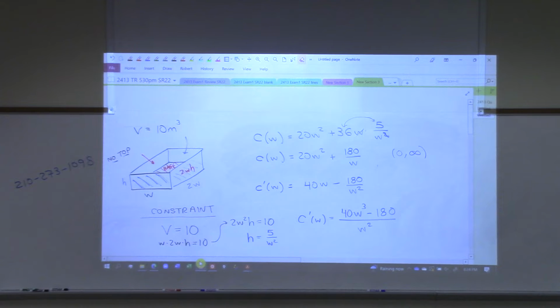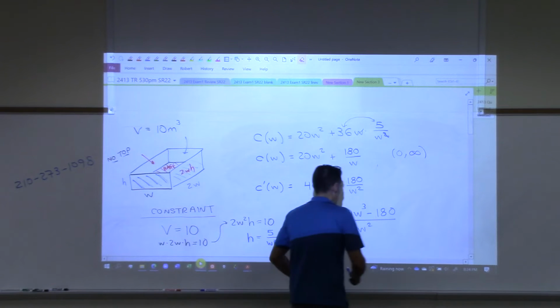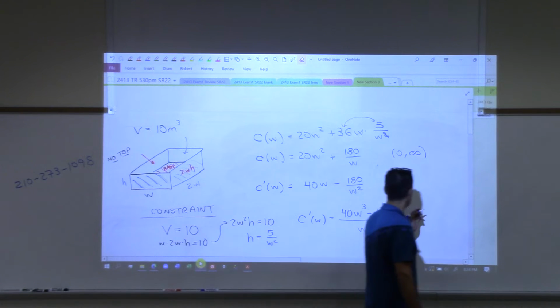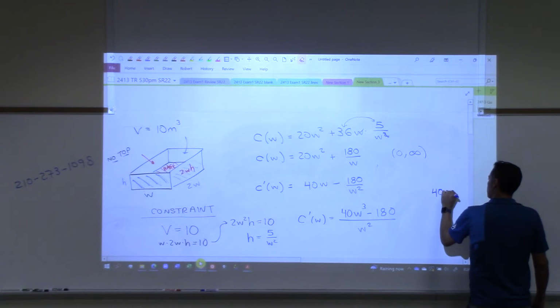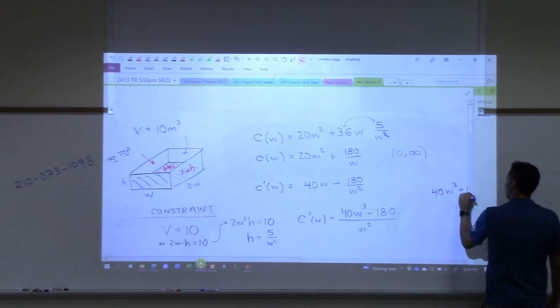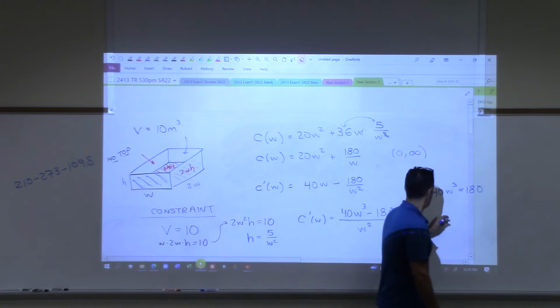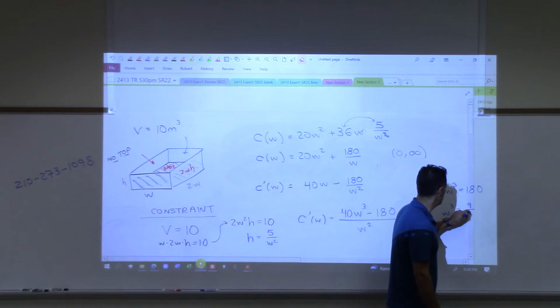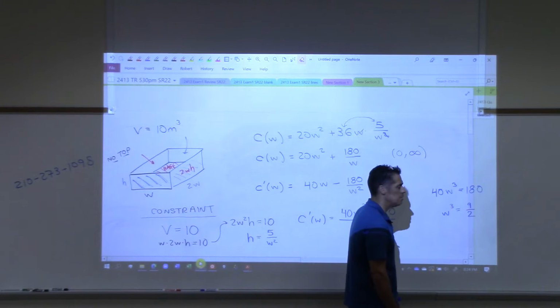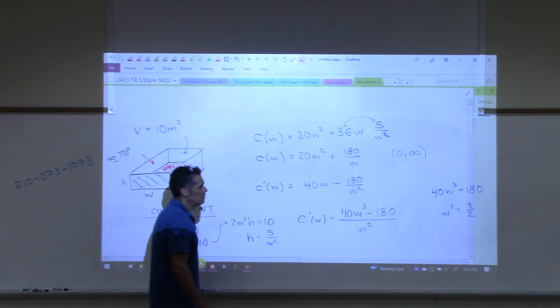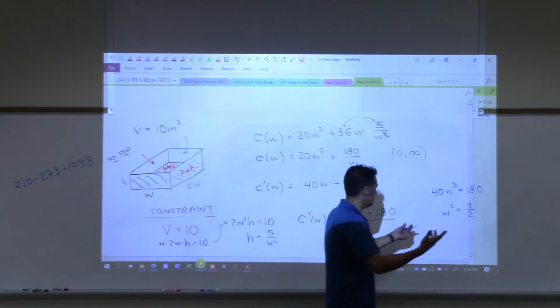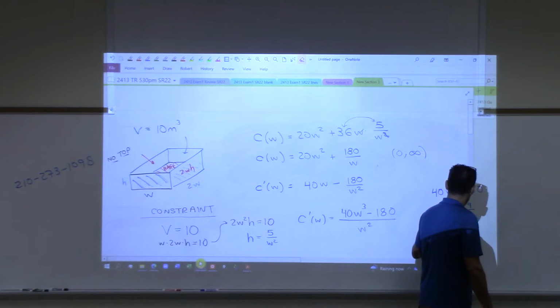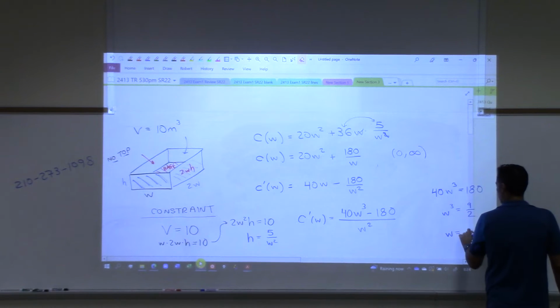Okay. I just didn't remember seeing it. Oh, with the front. Okay. Yeah, so you just set the top to 0. 40W cubed minus 180. So move the 180 to the other side, divide both sides by 40. So 9 over 2 when you divide both sides by 40 and reduce. And now you take the cube root. So W is the cube root of 9 halves.